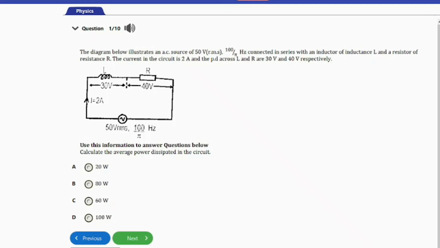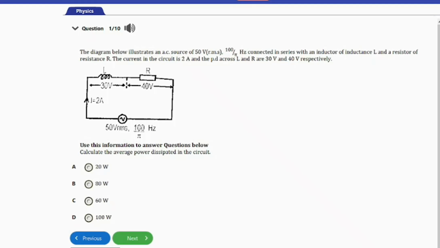Since the voltage across the resistance here is 40 volts, we can calculate the resistance by the formula V is equal to IR, where R becomes V over I. So 40 volts, which is the potential difference, over the current, which is 2 amps, will give us 20 ohms.